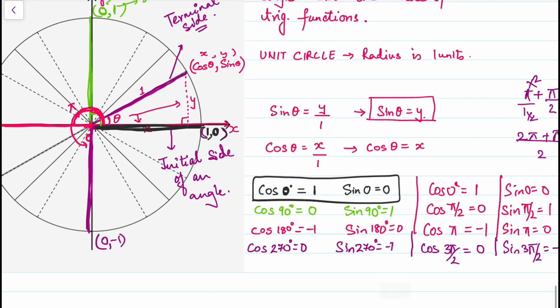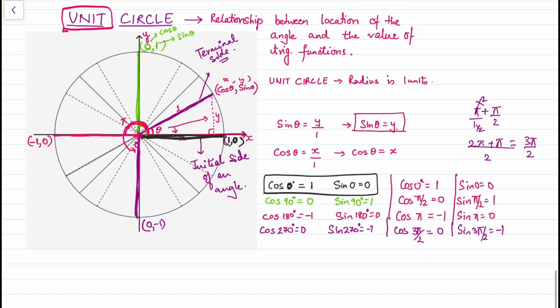All right, so far we have found these many values, all right? And now if we add another 90 degrees, we are going to reach the same line. That means cos of 360 degrees is equal to 1, and sine of 360 degrees is 0. That means cos of 2 pi is equal to 1, and sine 2 pi is equal to 0, right?